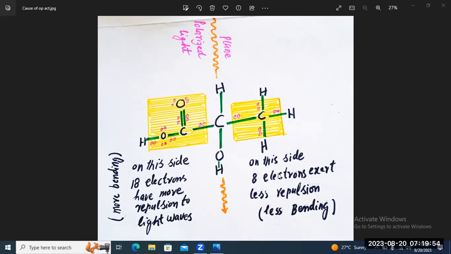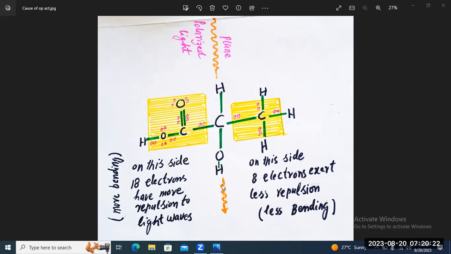So there are a total of 8 electrons on this side. And if you count the number of electrons in the bonds on this side, you will see a total of 18 electrons are present on this side of the chiral molecule.